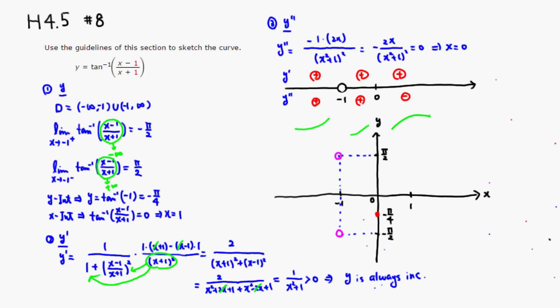Here it's going to be concave up and increasing, and it's going to look like that. After that, it's concave down and still increasing, so it's going to look like that. Then here it's increasing and concave up, so it's going to look kind of like this.